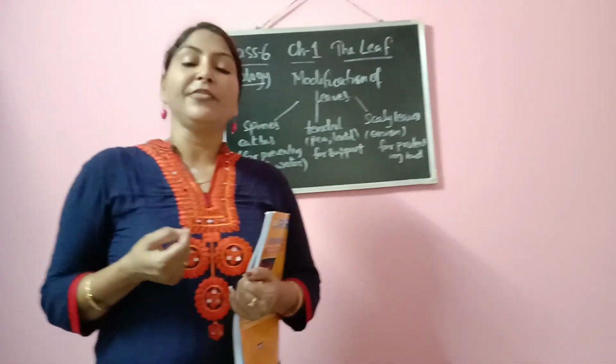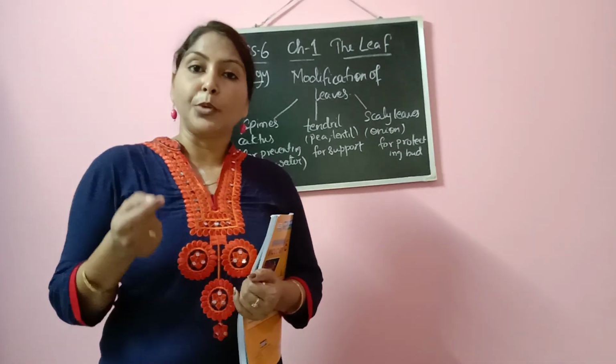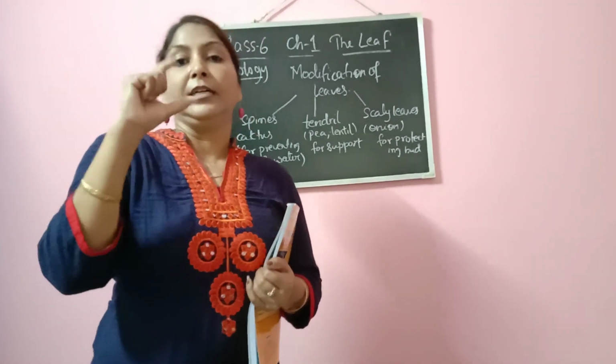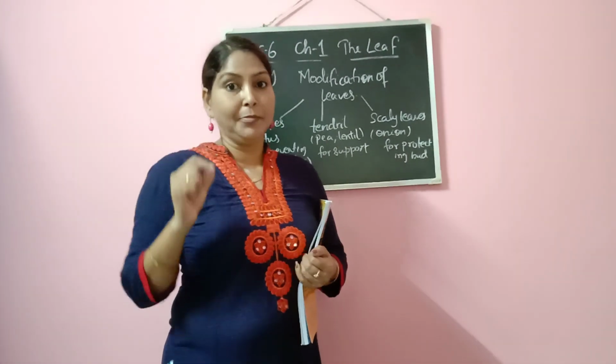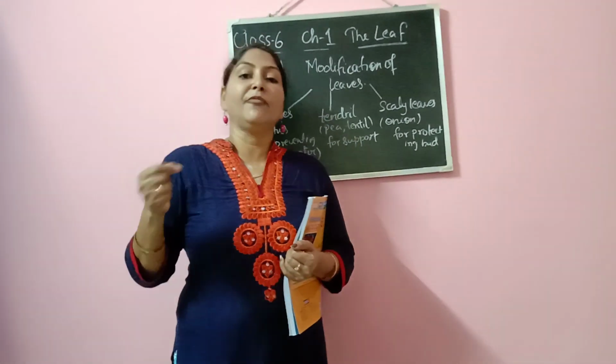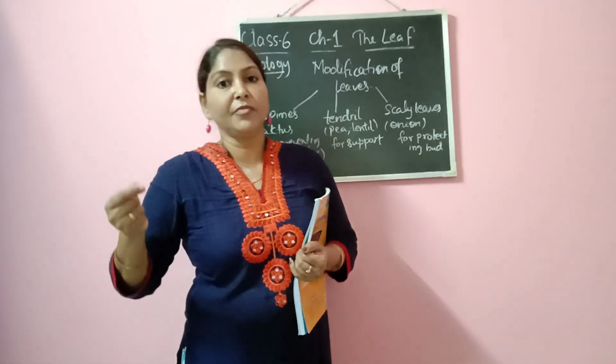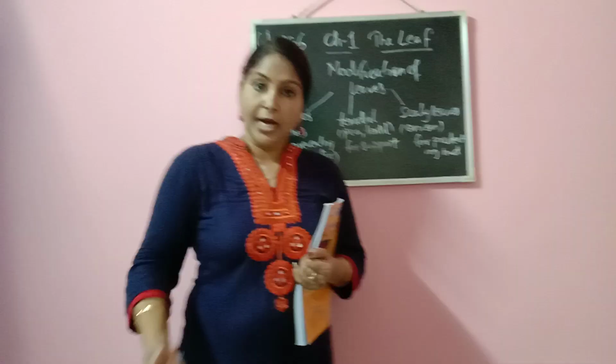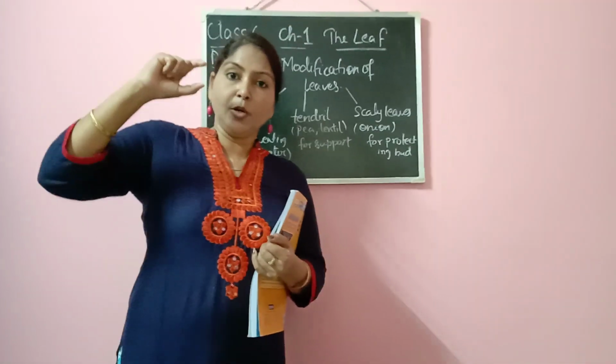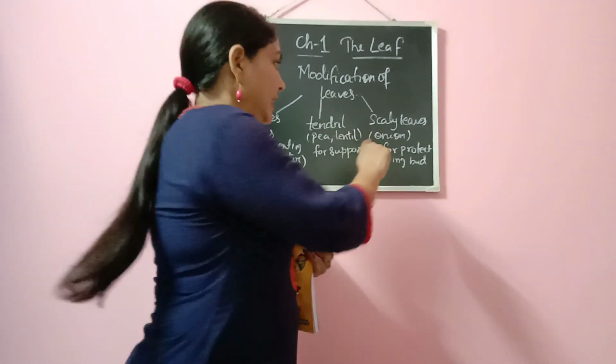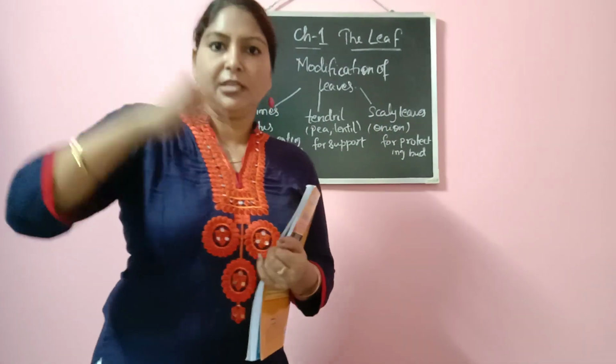And why is this modification there? In order to protect the bud inside the onion, because the bud is the vegetative part. With the help of that bud only, the onion grows, and in order to protect that bud, this scaly leaf structure is formed.